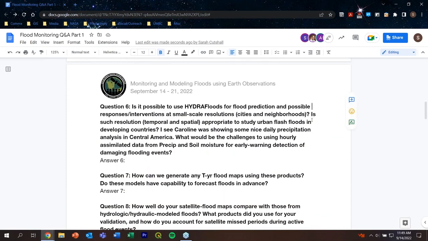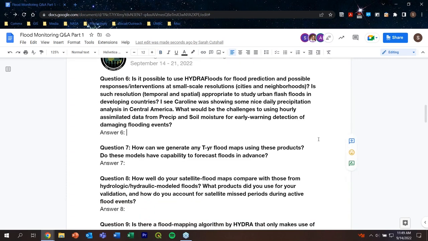So question 6, is it possible to use Hydrafloods for flood prediction and possible response intervention? So this is based on observation. So prediction is not possible with Hydrafloods. It is more like sensing floods in near real time using optical and SAR data. But for rapid response, it should be helpful, because you can get information about flooding when it's happening.